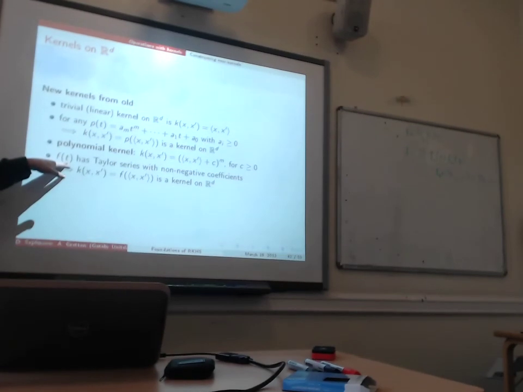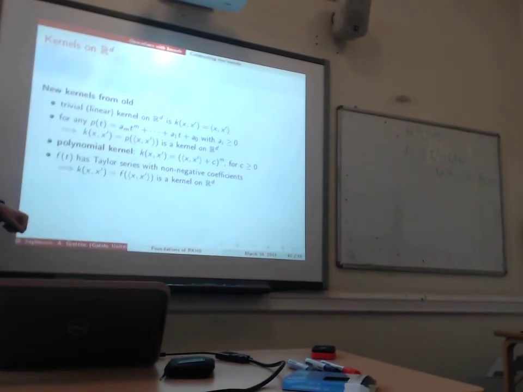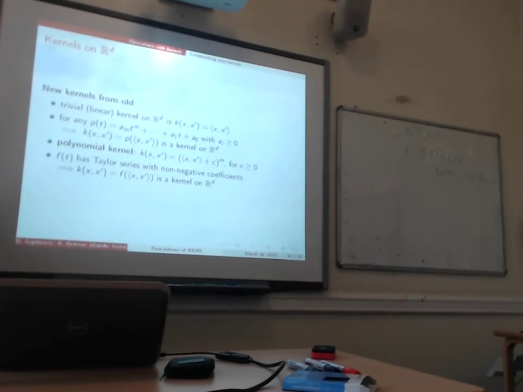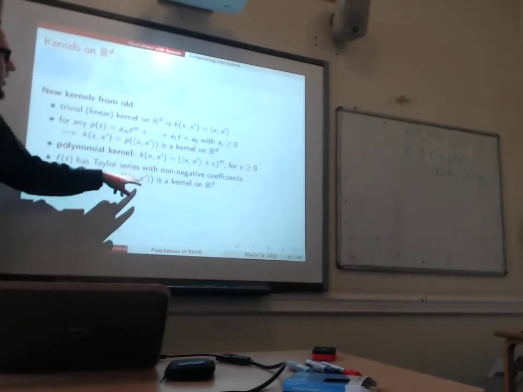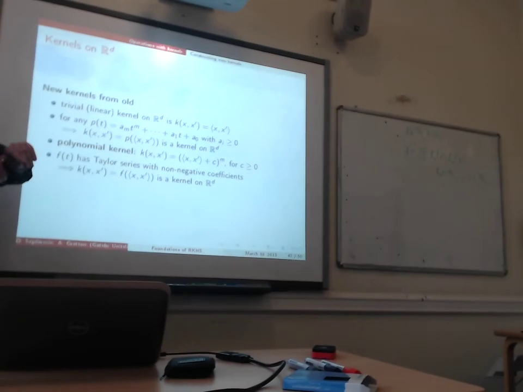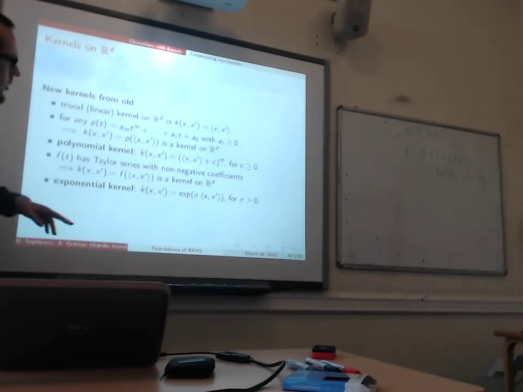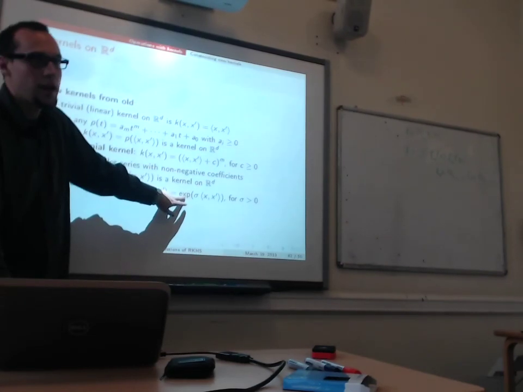So whenever you have a function that has a Taylor expansion with no negative coefficients, passing an inner product through that function will give you a kernel. An example of that obviously is an exponential function that has all Taylor coefficients positive. So that's why this is a valid kernel.